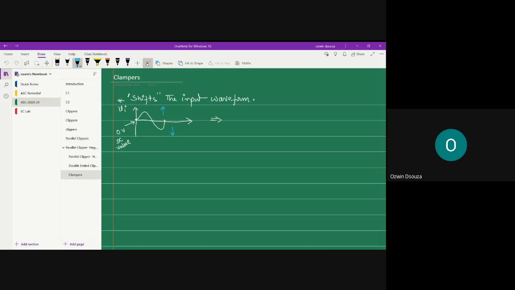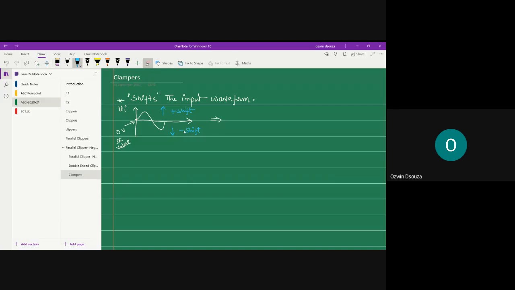Whenever you shift the waveform above the reference axis, it is considered a positive shift. On the other hand, if you push the waveform below the reference axis, it is considered a negative shift.